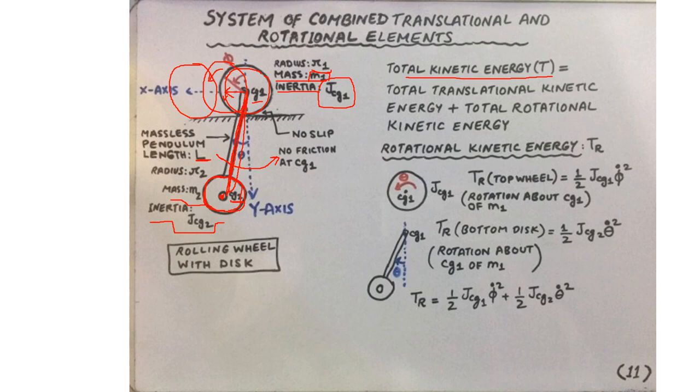Let's say this defines the x-axis of the system, this defines the y-axis, and the z-axis is taken out of the plane. So the rotation of the disc is about the z-axis, and therefore it is going to assert the discrete inertia equal to Jcg2.